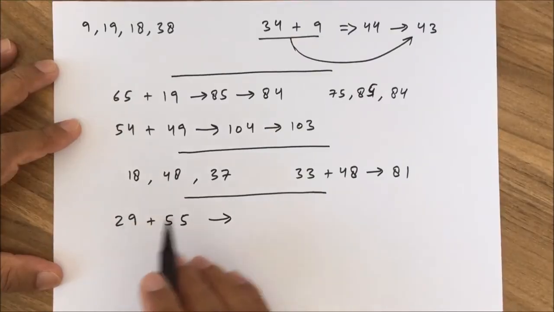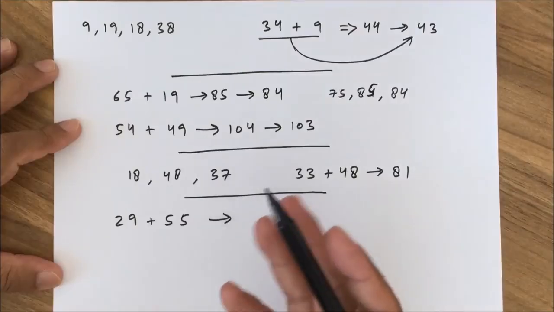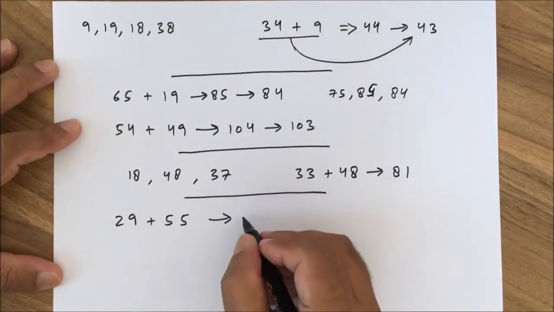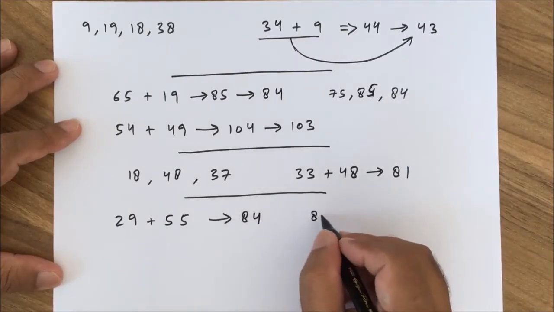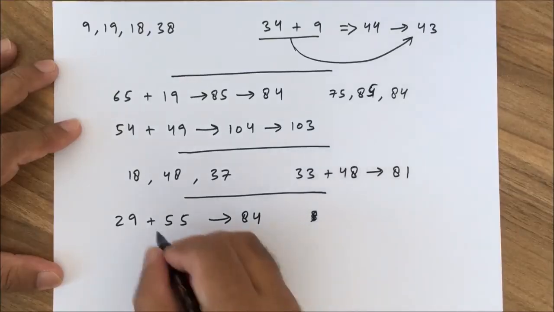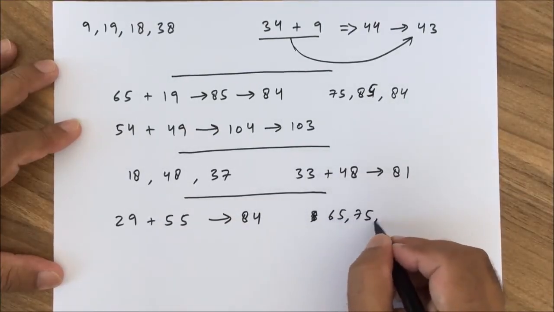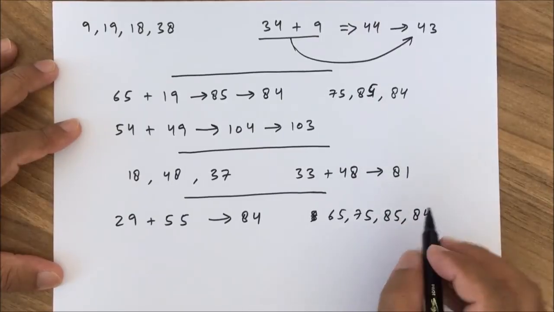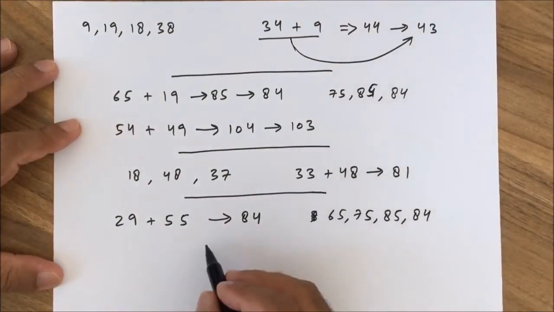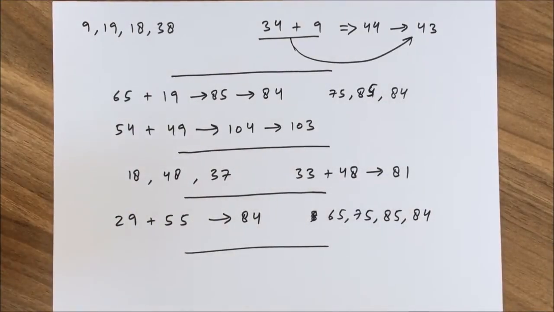This is near 30, so 3 times you will jump. 55, you will make it 65, 75 and 85, and from 85 you take away 1 to make it 84. That will be your answer. So in your mind it should be 65, 75, 85 and then 84. These 4 numbers should come in your mind. Do this practice and then we'll do some more.